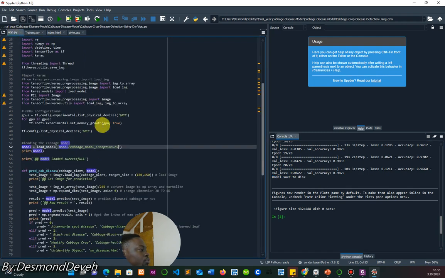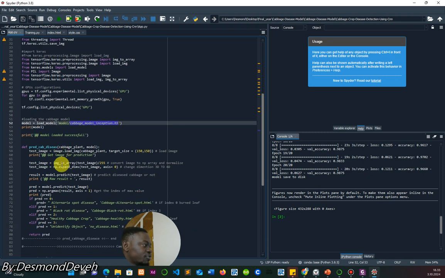And when we come to app, I have to call the model, because that is what I'm going to use to do the predicting. So for it to detect anything, I have to call it. So now cabbage_model_inception.h5, I call the model here, and then everything continues from there.